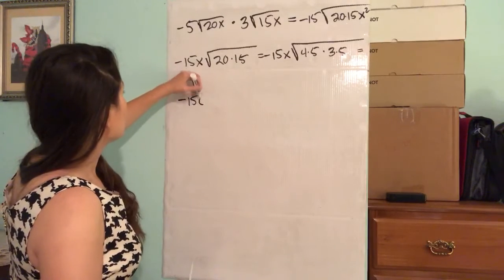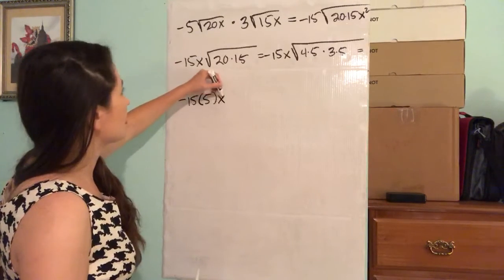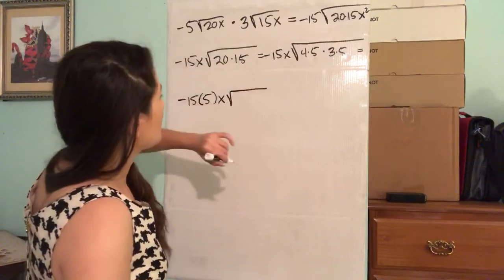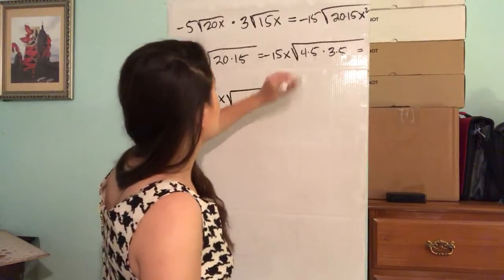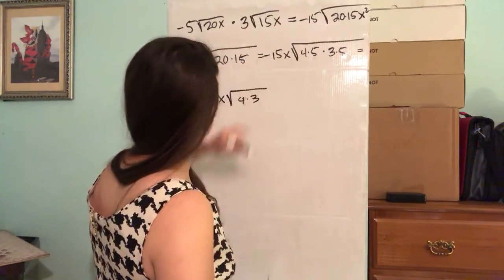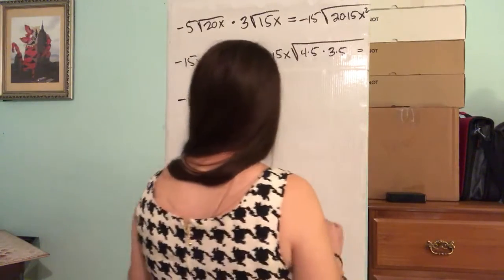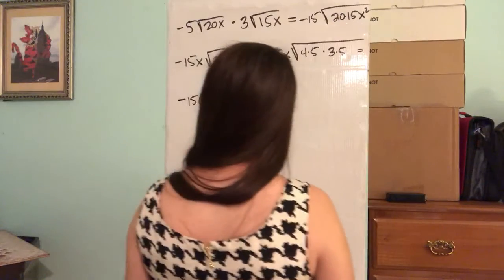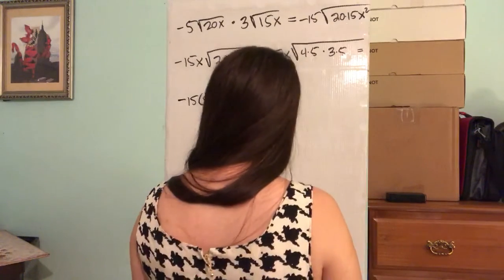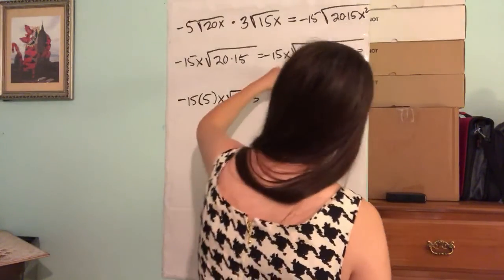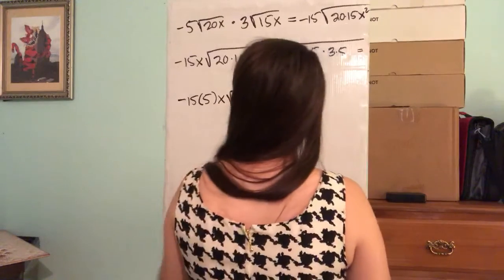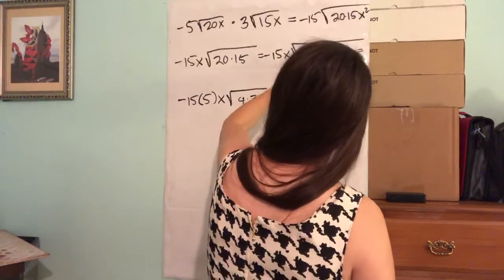-15 times 5x times the square root of what's left? 4 times 3. Okay. So -15 times 5, that's going to be -75x.